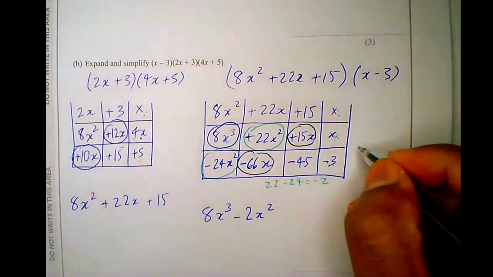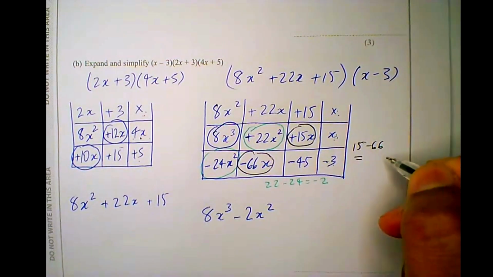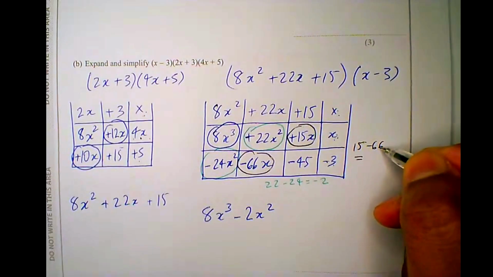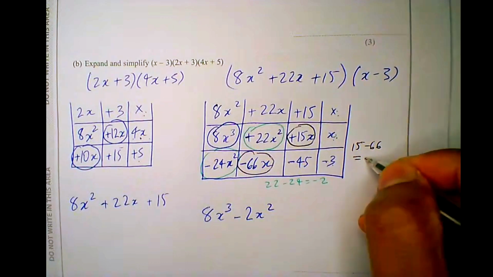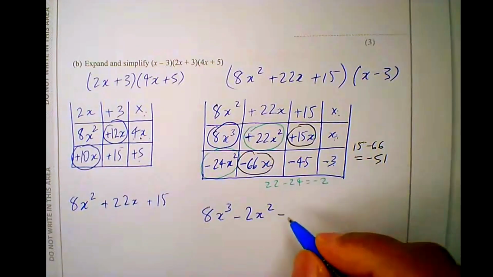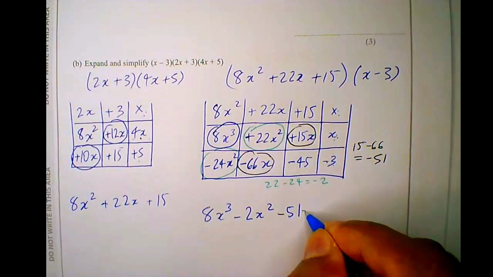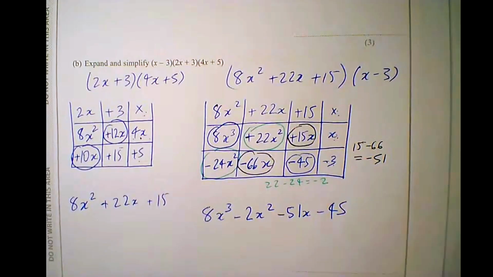So that is 15 take away 66. That gives me minus 51, so that's minus 51x. And then the last part here, take away 45.